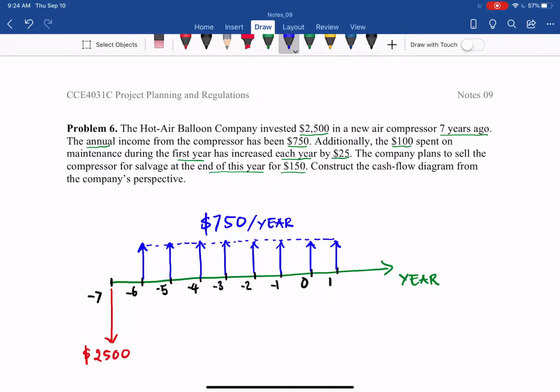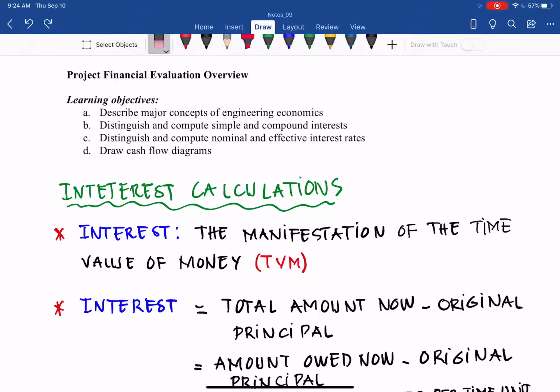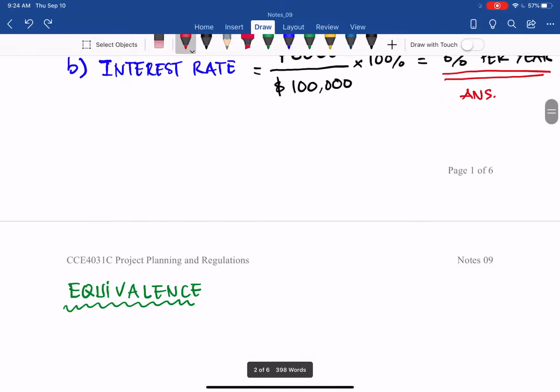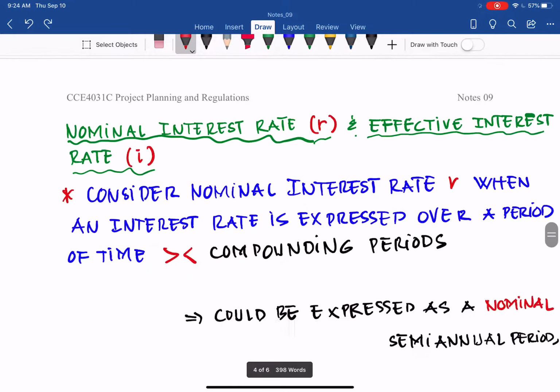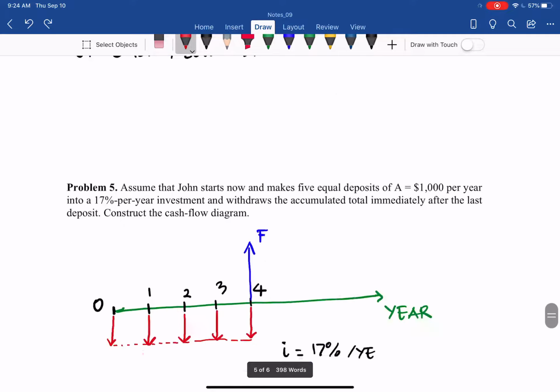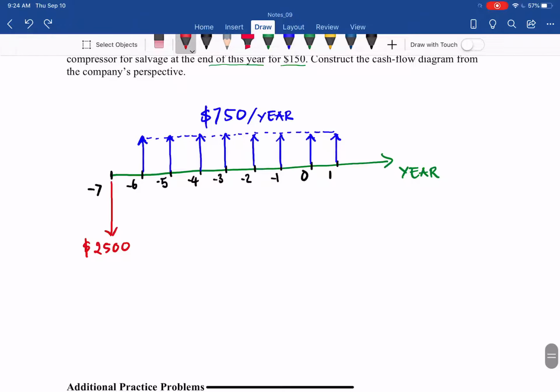And then the company spent 100 for maintenance for the first year. Maintenance goes down, out of pocket, 100.